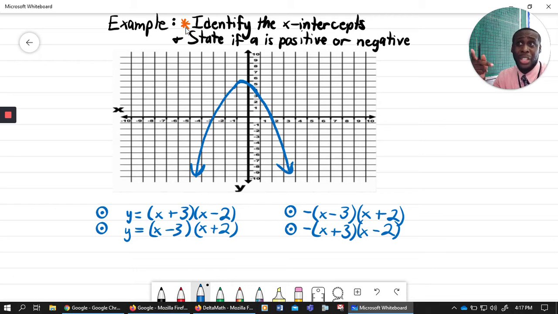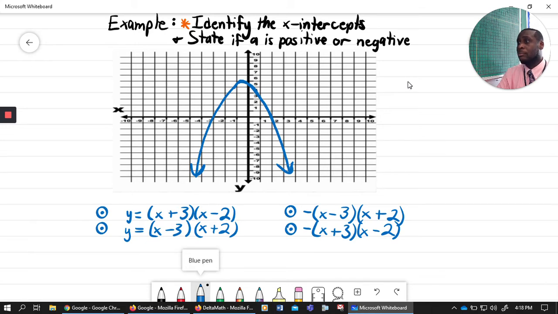Everywhere you see an orange asterisk, that's something I need you to show when you're showing your work. I need you to identify the x-intercepts and state if A is positive or negative, okay? That's the first thing I want you to show when you're doing this problem set in Delta Math.